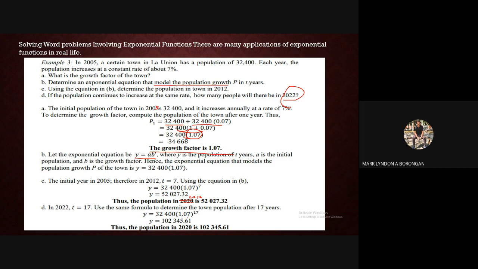So that's the population in 2022. The population for 2022 will be 102,345.61 people. Okay?